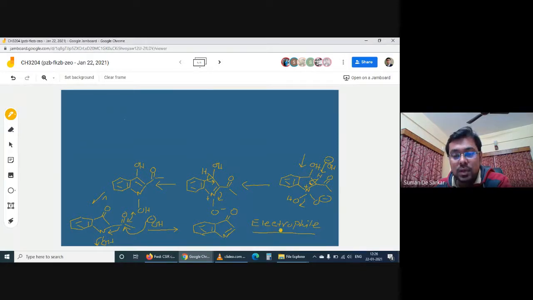Some of these electrophiles will remain as they are, and some portion will be modified like this. So this is the thing we drew. This is the same molecule, this electrophile. What will happen?